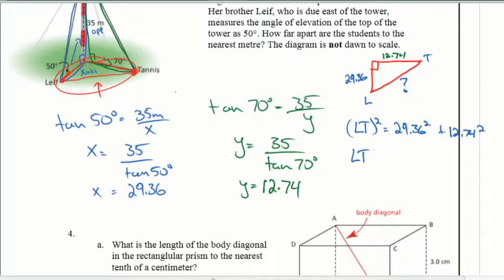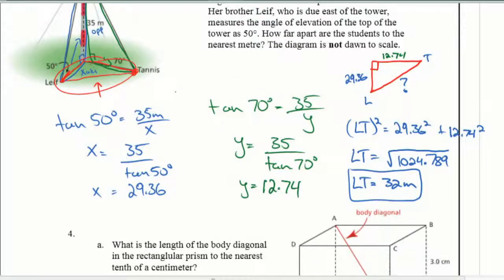I get LT is equal to the square root of, plug it into my calculator, 1024.789, should be good for decimal places. And the distance from Leaf to Tanis is 32 meters approximately. So there you go. That's how far they were apart. Same idea. Find the shared side, go from there.